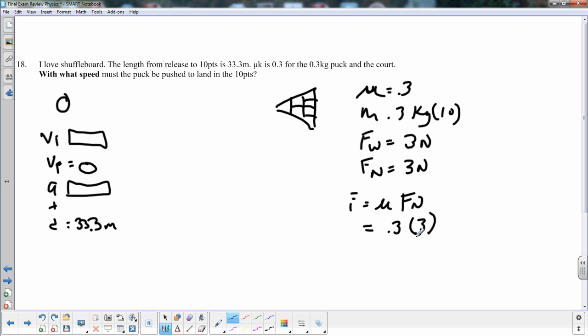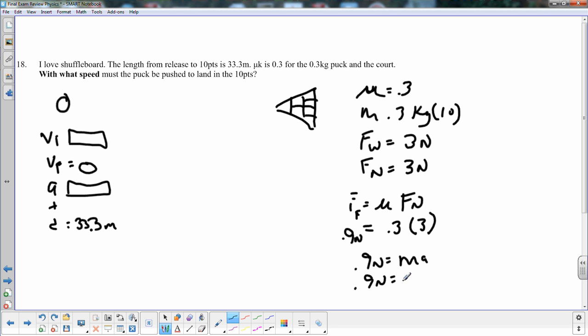And if we remember correctly, 0.9 newtons equals my net force, which equals ma, which equals 0.3 times a. So 0.9 divided by 0.3 gives me 3 meters per second squared. There's friction, so we're dealing with a negative. We're slowing it down, negative 3 meters per second squared.